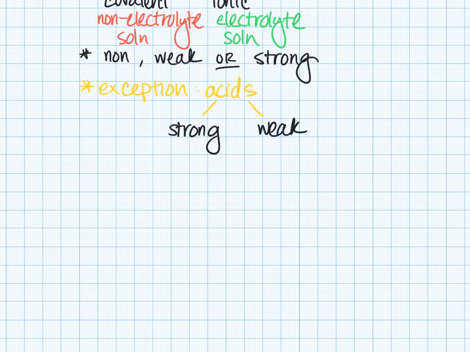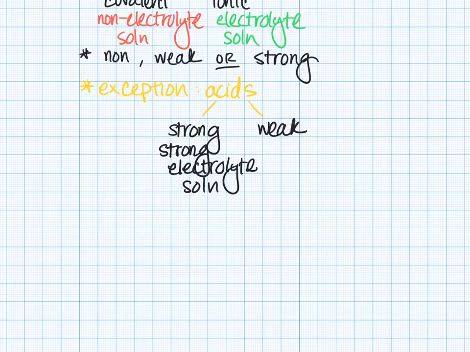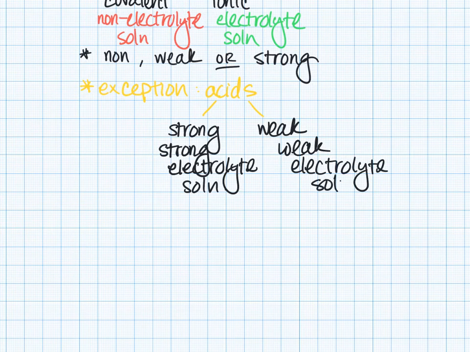Strong acids will also be strong electrolyte solutions. They will make strong electrolyte solutions. And weak acids will make weak electrolyte solutions. So that is an exception to keep in mind.